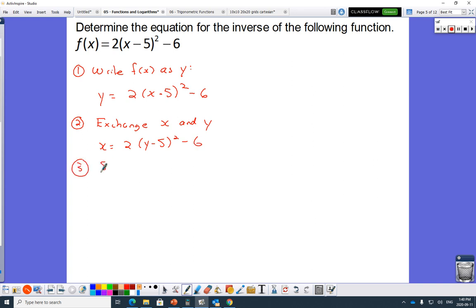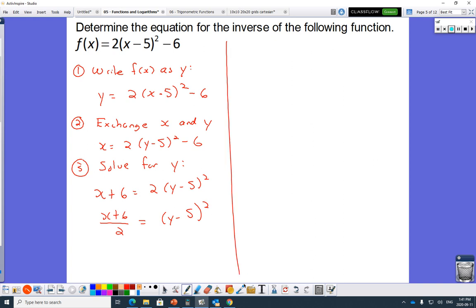Step 3, solve for y. I'm starting to speed up here because I hope of everything I've talked about today, this is the one that sort of rings a bell the most. You're like, oh yeah, I remember doing the inverses. Here we go. So what do I got to do? Go slow here. X plus 6 equals 2. Y minus y squared. Divide by 2.